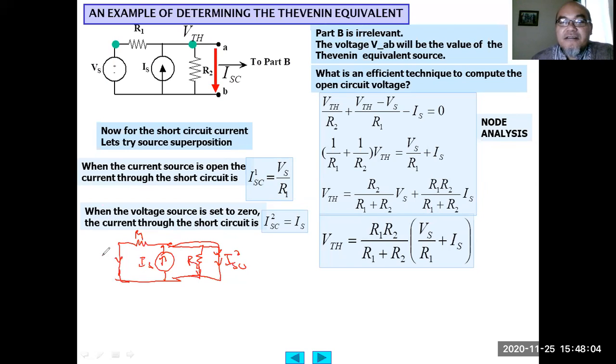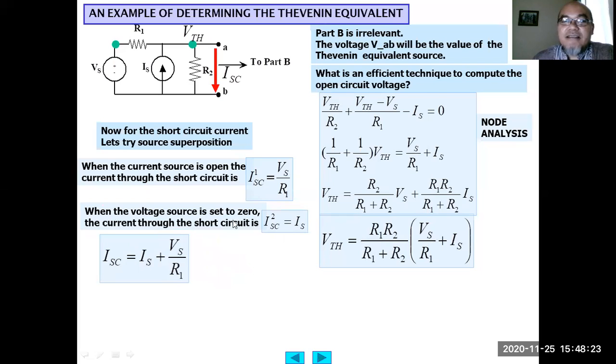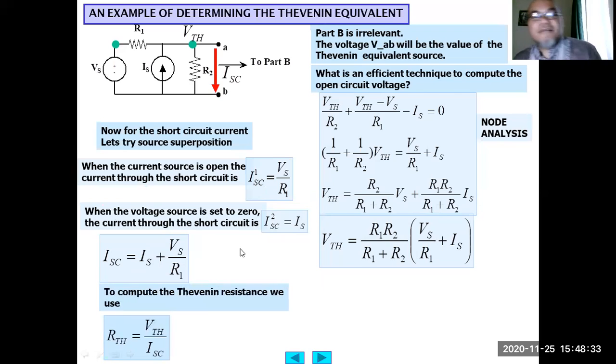So IR1 will be 0, IR2 will be 0. So ISC2 will be equal to IS. Understand? If it is short circuited, that is what will happen. So now the total ISC will be this plus this. The total short circuit current will be equal to IS plus Vs divided by R1.